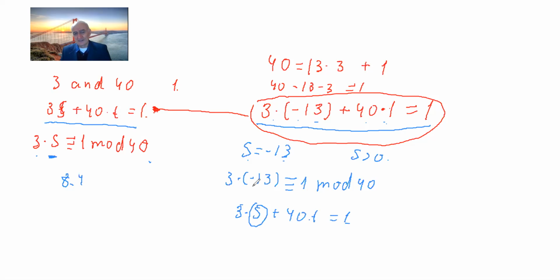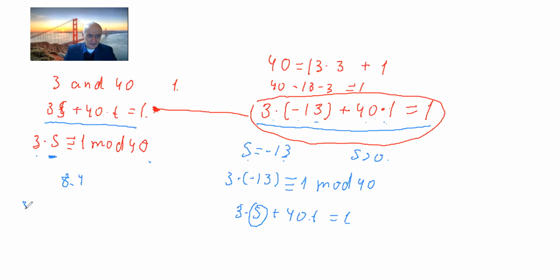I found negative s. Negative s is good in modular arithmetic, in number theory, but it's not good when we need to decrypt using the RSA crypto system. We need a positive inverse. And now my question is, how to find the positive inverse?